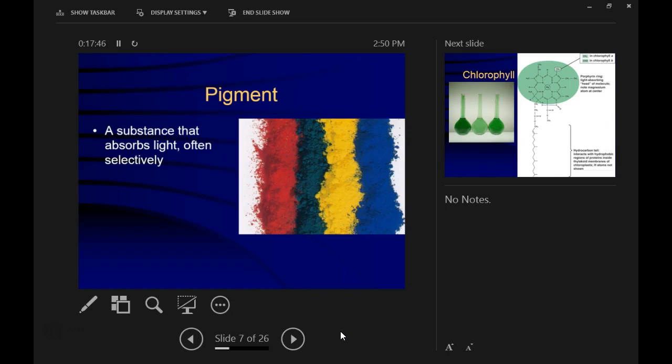If, for example, we look at a white sheet of paper, the reason that it's white is that all the wavelengths of visible light that are striking this are not being absorbed.